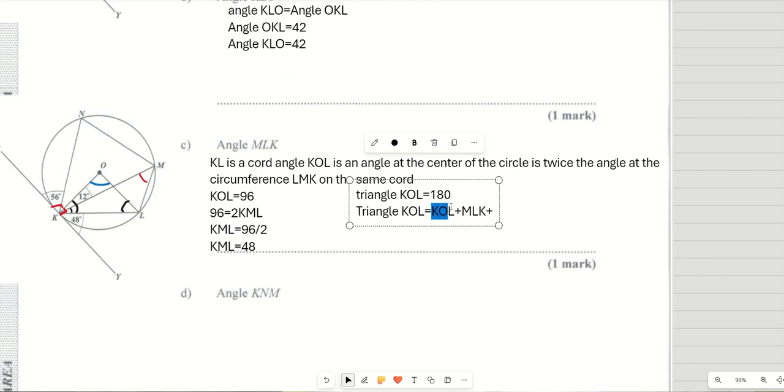That is wrong. Triangle KML is equal to 180.